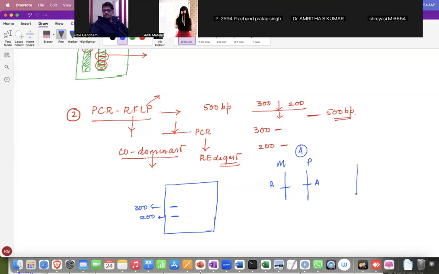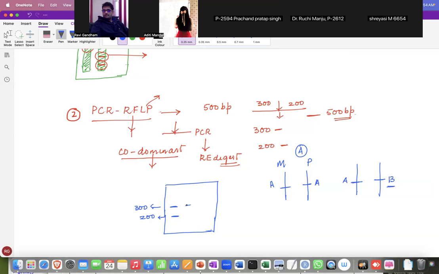Now, let's say in the second individual, you have polymorphism in one site and you don't have polymorphism in the other site, giving rise to a second allele. Then what do you have?